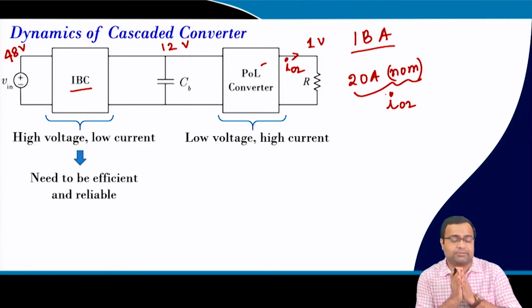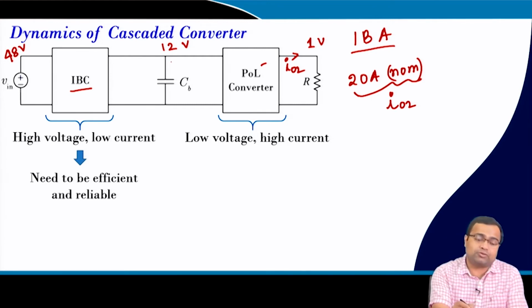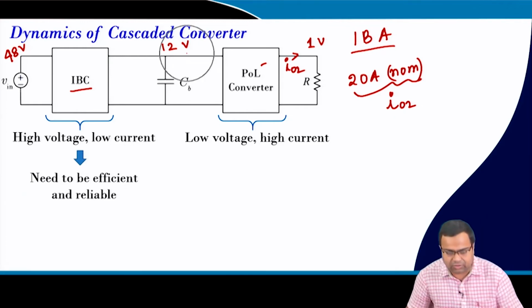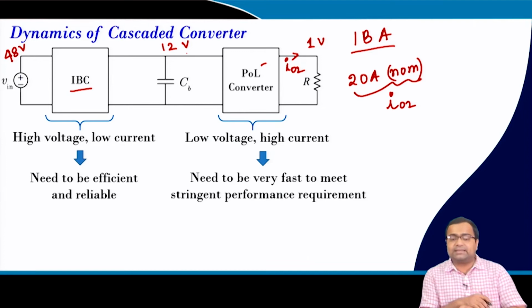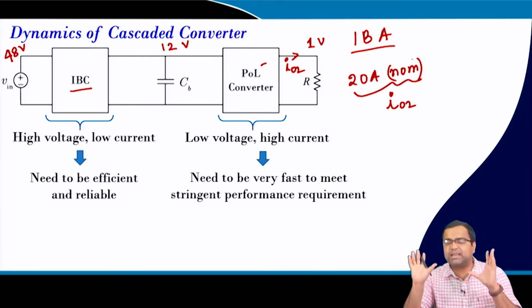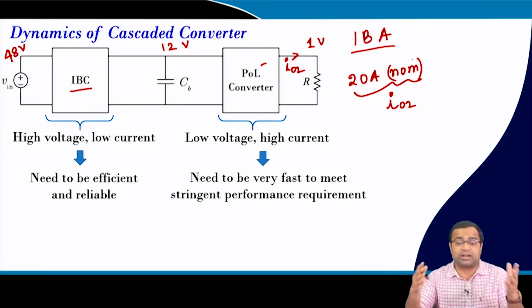So, the first stage needs to be very efficient, and at the same time it should be reliable, because it should also provide a clean output voltage at the intermediate bus. Okay. The second stage, which is the POL converter, has to be very fast, because even though I am showing just one phase where only 20 ampere is the nominal current, typically in this kind of architecture the output has to handle more than 60 ampere, or it can be several hundreds of ampere.